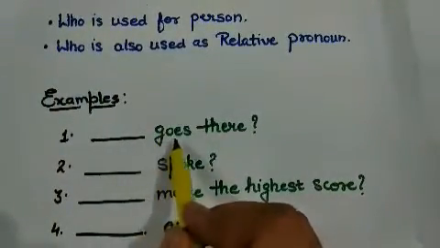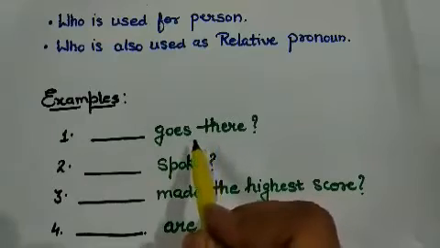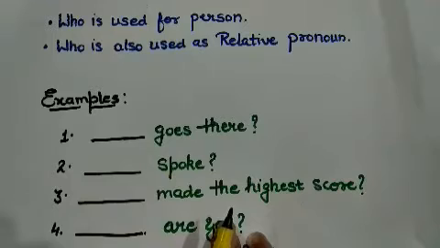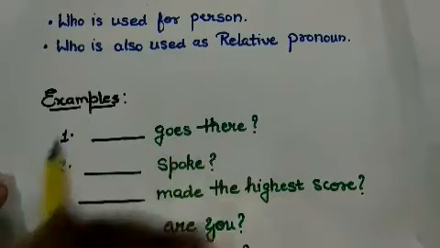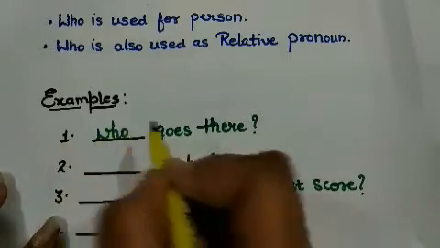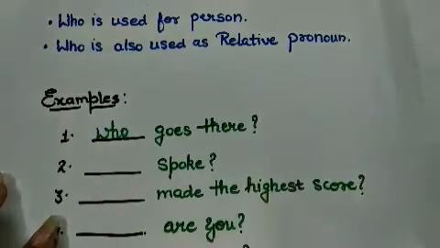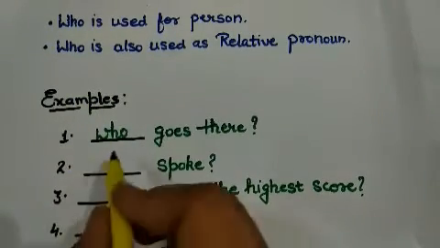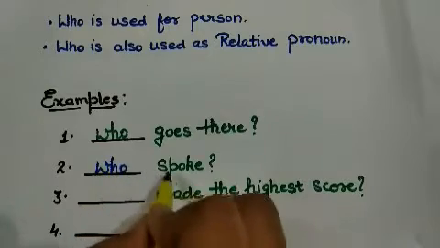Dash goes there. Any person or any living being is a possibility, so I write who goes there. Here who is used for a person. The next one is also who spoke.